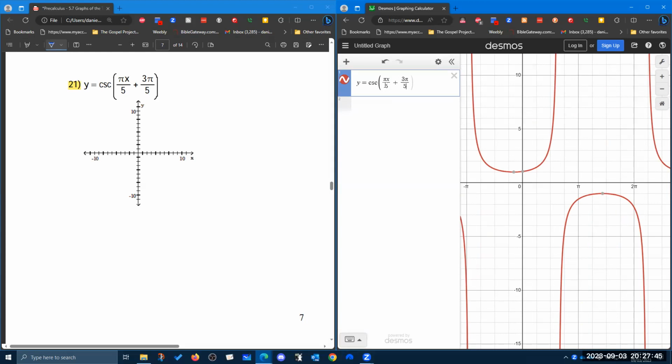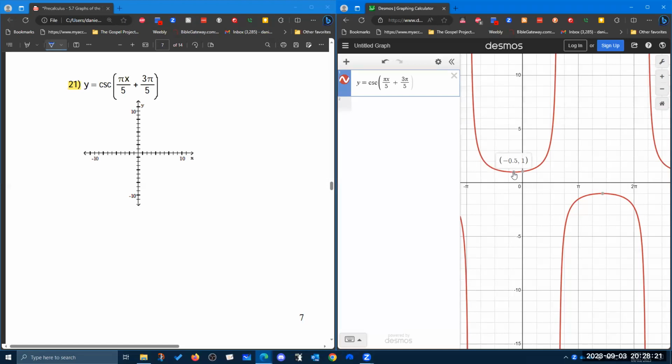We haven't talked about phase shift yet, but it is something we have to calculate when we have both a multiplier in front of x and a number added or subtracted inside with the function, and it's any trigonometric function: sine, cosine, tangent, cotangent, secant, cosecant, any of the six of them. So let's go ahead and see how much it was shifted.